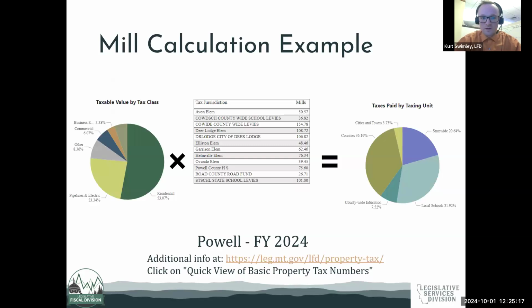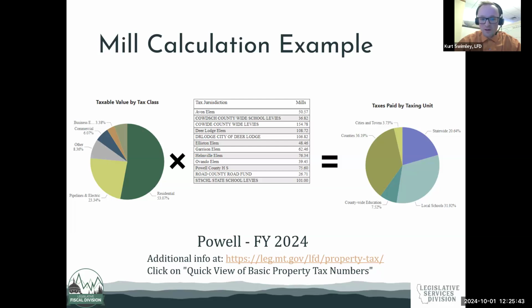All right. So this is an example of, once again, going to Powell County, how the taxable value by class ends up determining what the taxes paid end up being. So recall that after we applied the legislature's tax rates to the assessed values of classes in Powell, we end up with this left pie chart of the taxable value by class for Powell County.